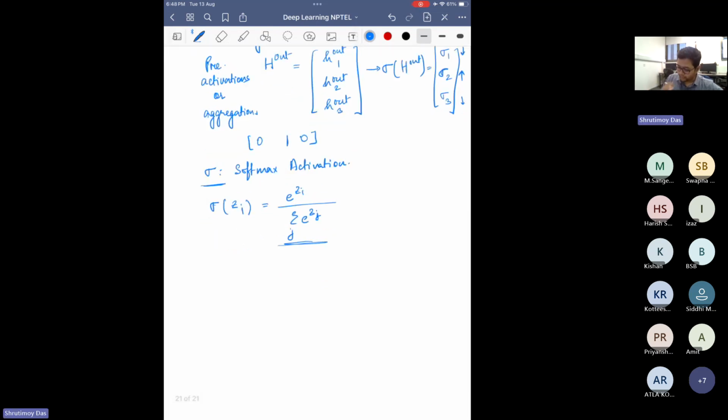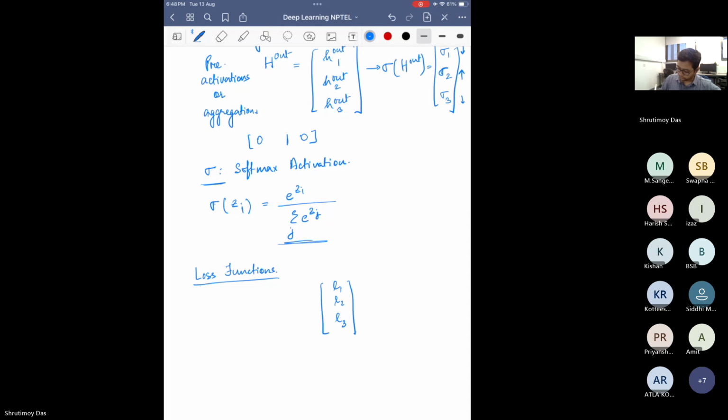So now coming to loss functions. We have our true labels, say L1, L2, L3, and I will name the outputs sigma 1, sigma 2, sigma 3.